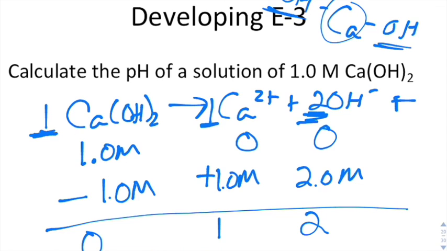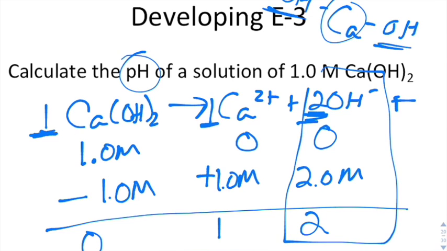So the question says calculate the pH. Well, what I have is hydroxide. So for the hydroxide, I can solve for the pOH as being equal to the negative log of 2. Whenever you do the negative log of 2, you actually get a pOH value of negative 0.3. And people usually get weirded out by that, but whenever you have strong acids and strong bases, it is not abnormal for you to have negative pHs or pOHs.